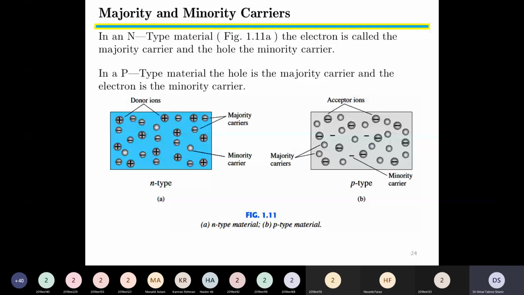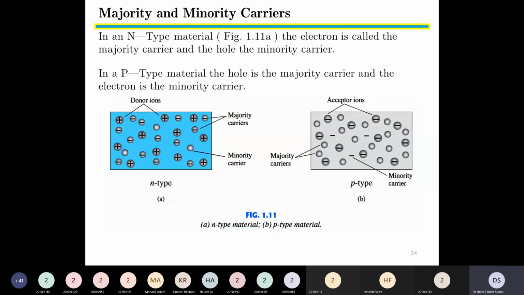Now is the concept of majority and minority carriers. In an n-type material, the electron is called the majority carrier and the hole is the minority carrier.